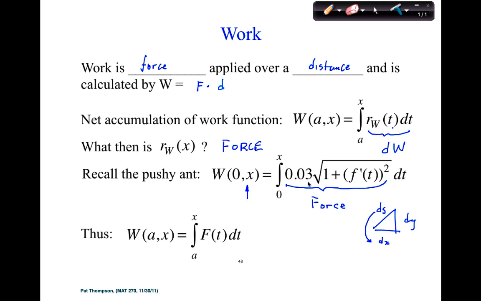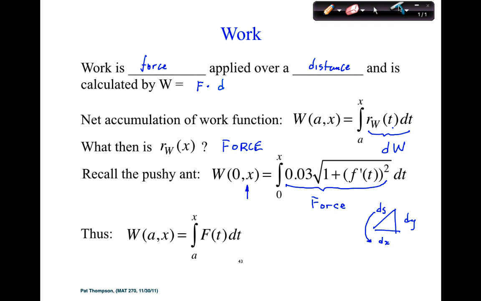The equivalent x direction force that will give us the work as the ant goes on the curve. Does that answer it? It transfers the 0.03 from the ds to dx. Is it better? Okay, other questions?